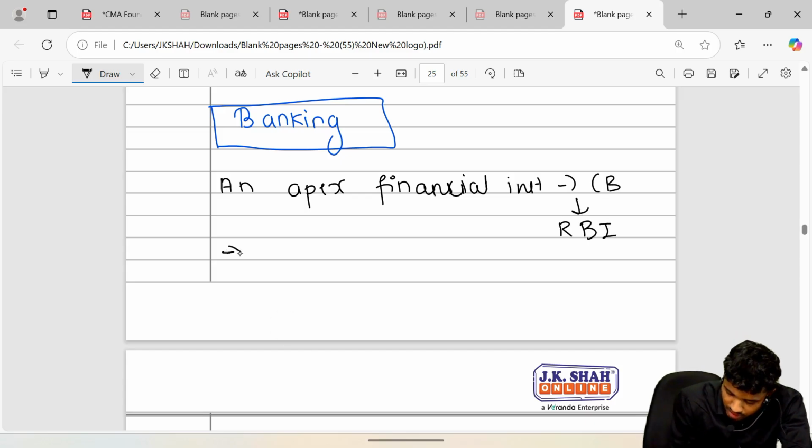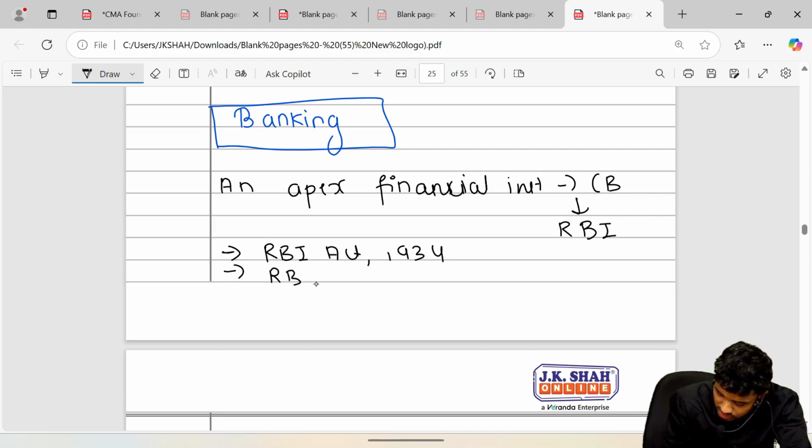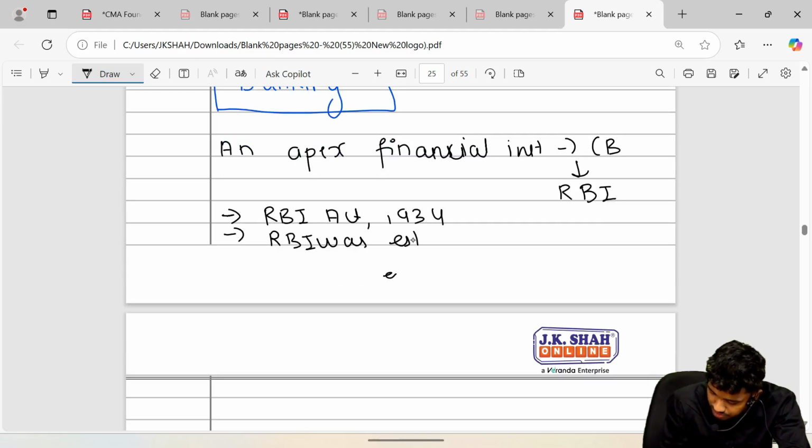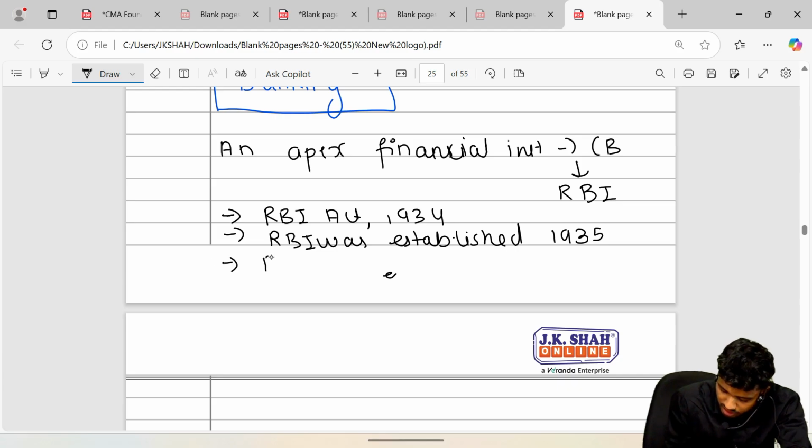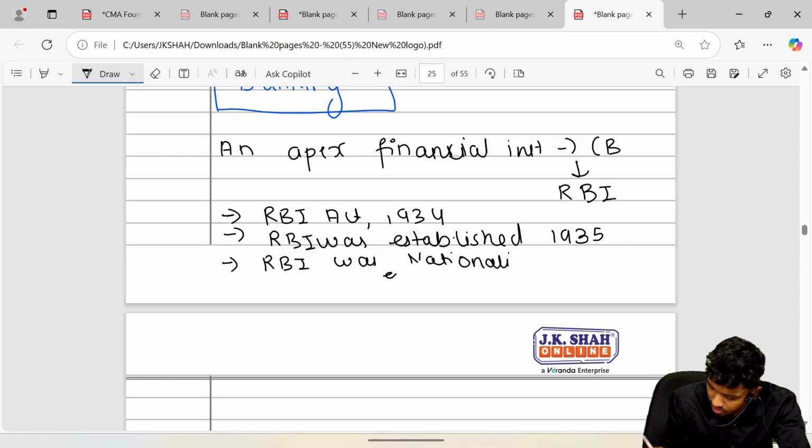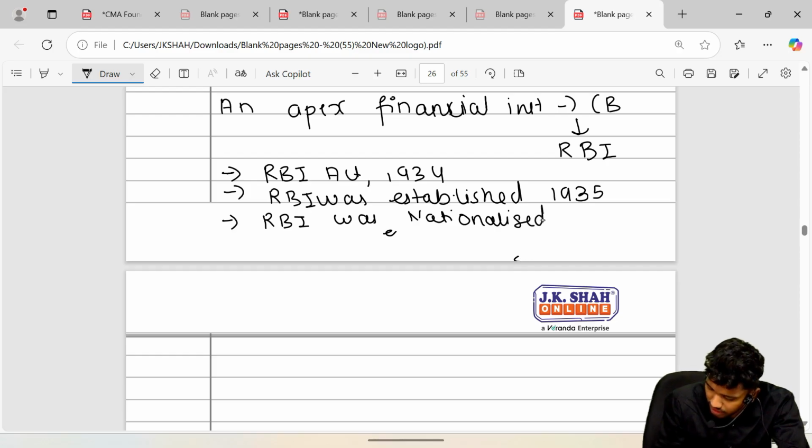See, the Reserve Bank of India Act was passed in the year 1934. Further, Reserve Bank of India was established in the year 1935. Next, Reserve Bank of India was nationalized in the year 1949.